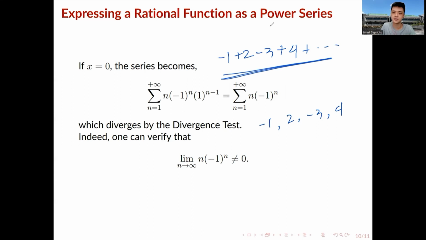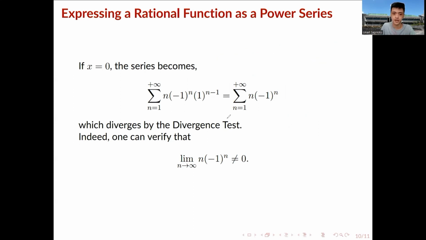So, by the divergence test, since yung limit nga ay hindi equal to 0, which is a necessary condition para mag-converge yung isang series, then we can verify na nagda-diverge yung series na to. So, x equals 0 is not a point of convergence.